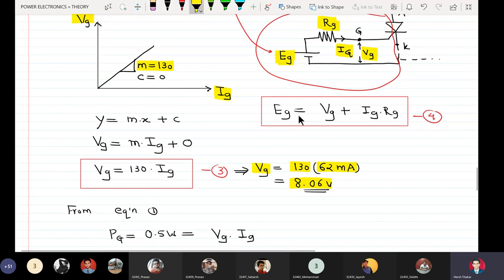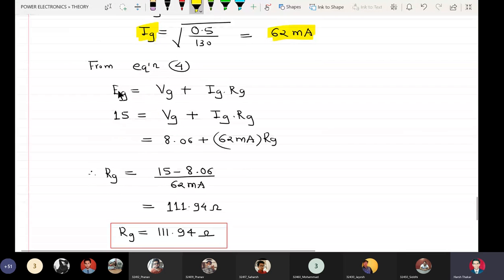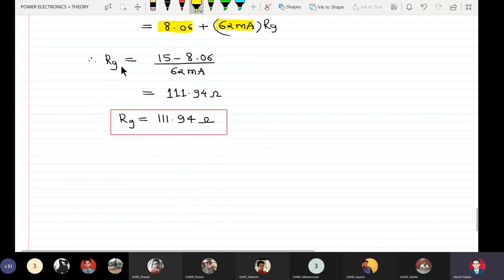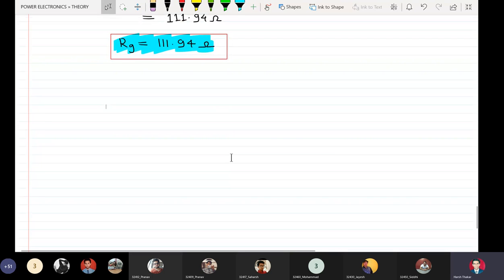Then I go to equation number 4, that is Eg equal to Vg plus Ig Rg. I put Eg as 15 volts, Ig as 62 milliamperes and Vg as 8.06 volt, and I calculate the value of Rg as 111.94.